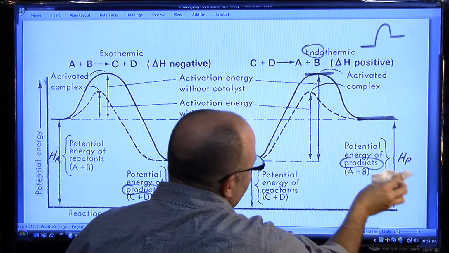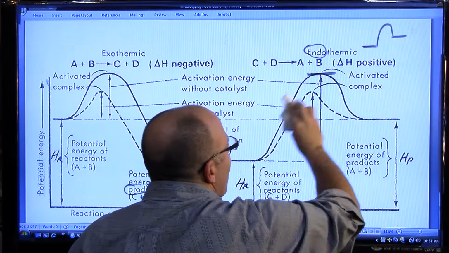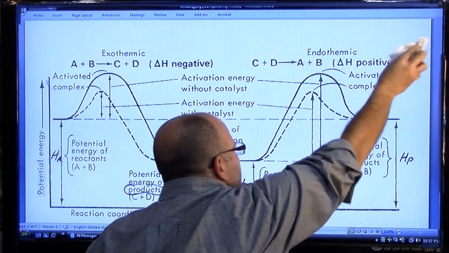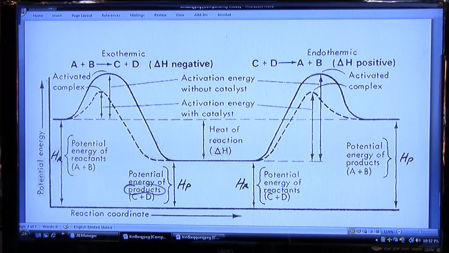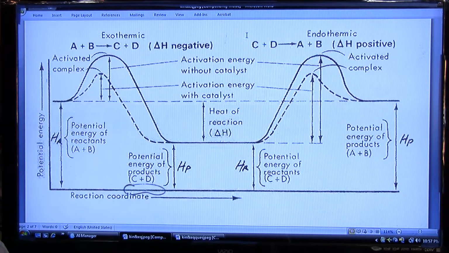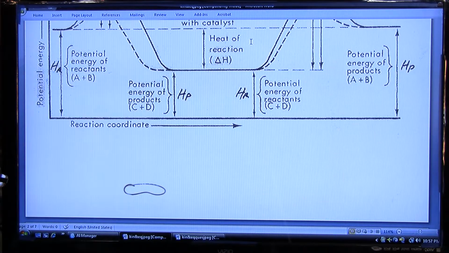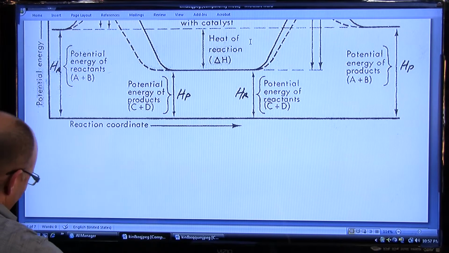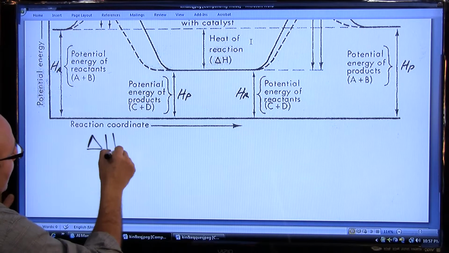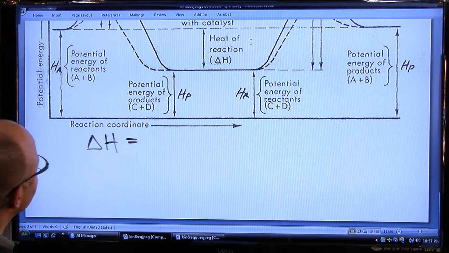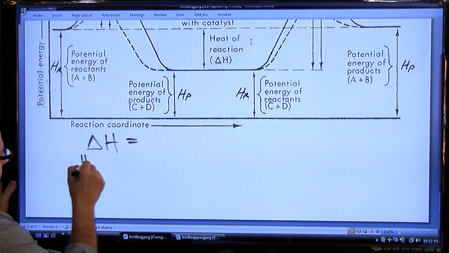There's some space below here that we could focus on. So, delta H, which is any delta represents a difference. Delta H is a difference in the H's. It's called the heat of reaction.